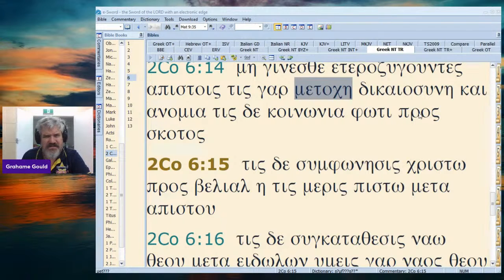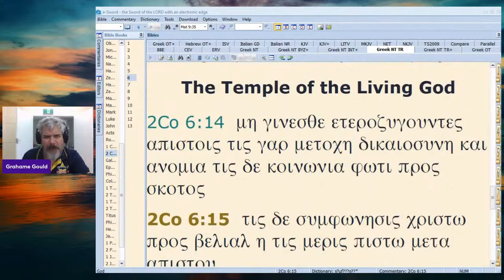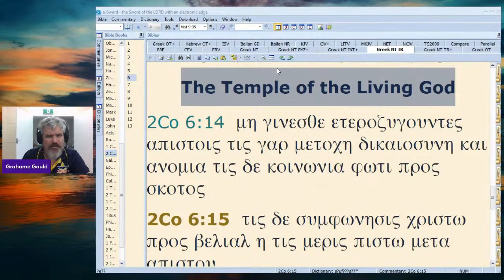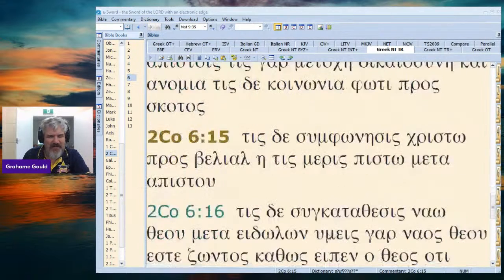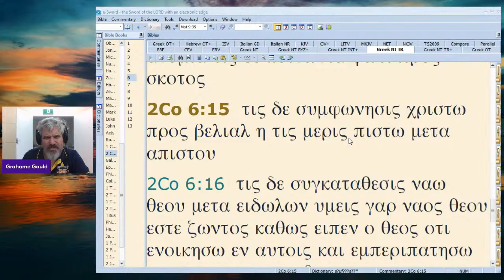Metoche. Of course it helps that I read this passage earlier in English. Symphonesis, where we get our word symphony.